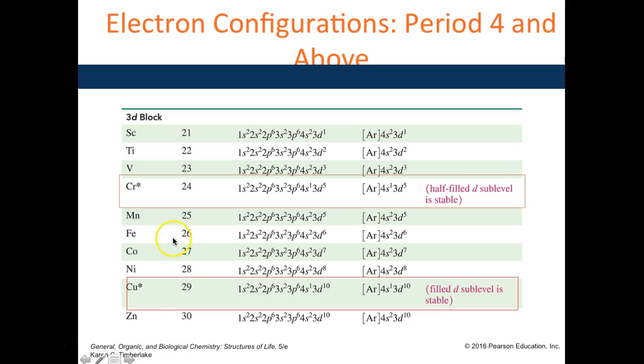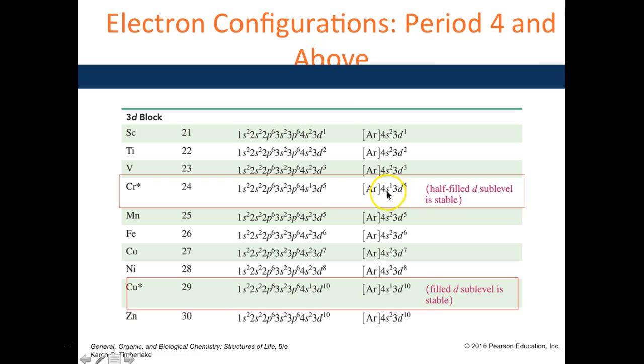All right, and then you have the exceptions of chromium and copper. I explained that half-filled shells are much more stable than unfilled shells, so empty orbitals.